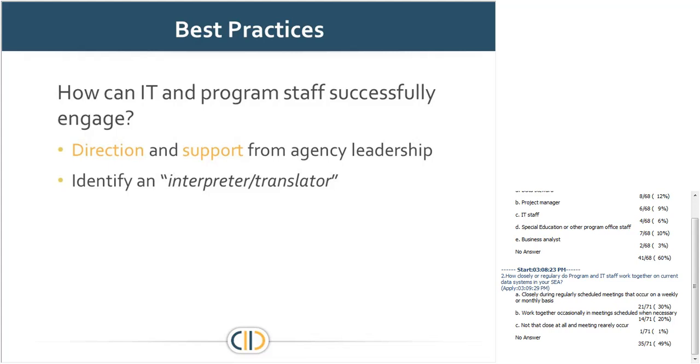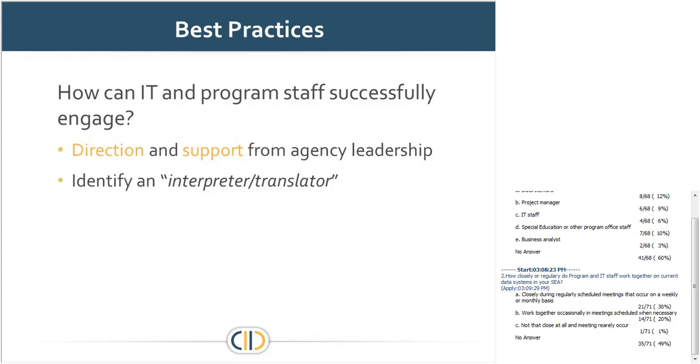But also in the same vein, there is very specific, not IT technical, but program technical jargon that can be used that would make sense within a given program office, but would have little meaning outside the program office. And so there are different languages, different jargon, different lingo within these two entities that is not necessarily intuitive when it comes to understanding.